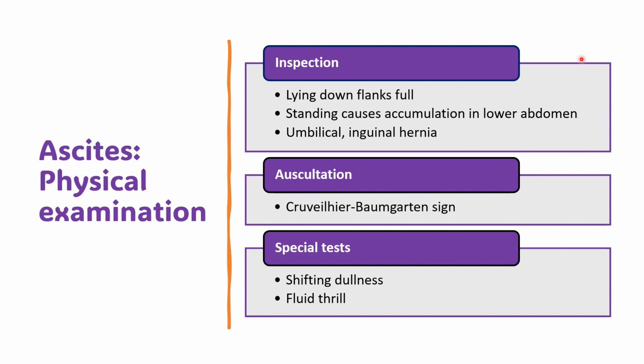So going from the initial side to the other side of the abdomen. Okay, and that can sometimes be done by two doctors or one doctor and the patient might assist. Okay, and that's all testing for that fluid within the peritoneal cavity.